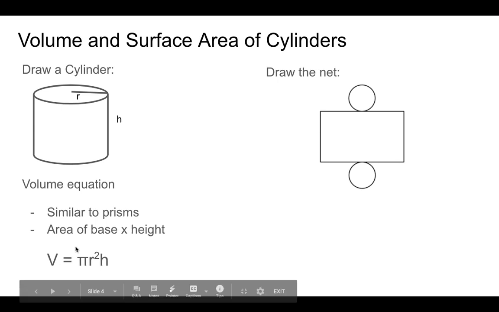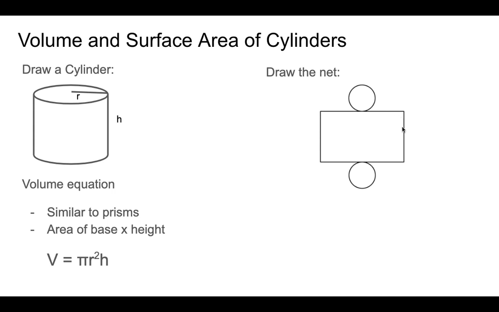Well, we know the area of each circle is pi times r squared. How do we find the area of this rectangle? Well, we know the height is h, but what about this distance? If you look closely, you can see because this part has to wrap all the way around the circle, we need to figure out what that distance is.